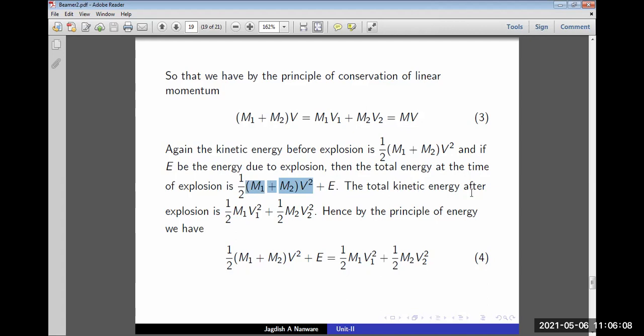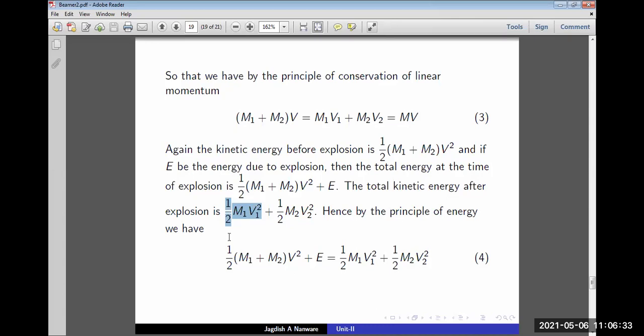Therefore, the total kinetic energy after the explosion is this: the kinetic energy of the first portion plus the kinetic energy of the second portion whose mass is m2. Again by the principle of energy, we have this. Yes, so this is equation 4.